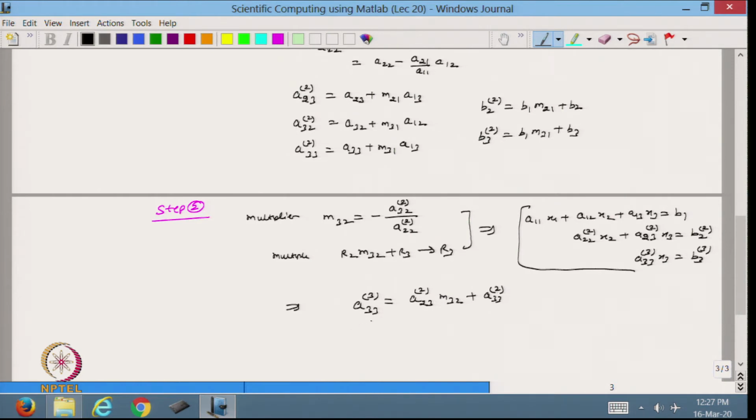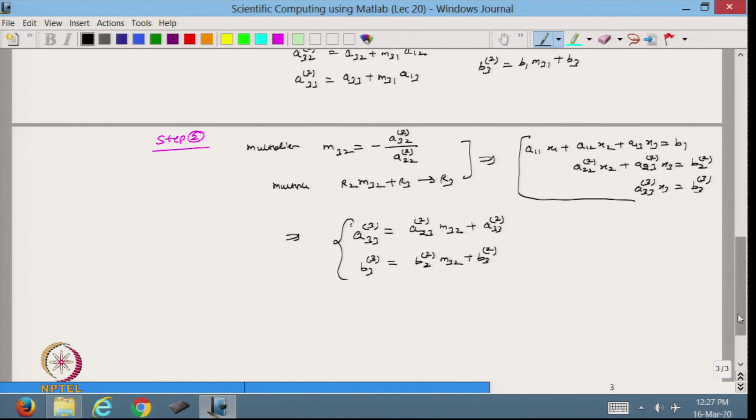So, that will be my A33, and my B3 will be B2 multiplied by M32 and added to B3 at step 2. So, this is the value we are getting.